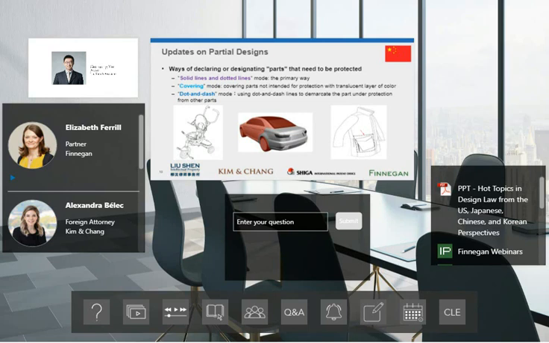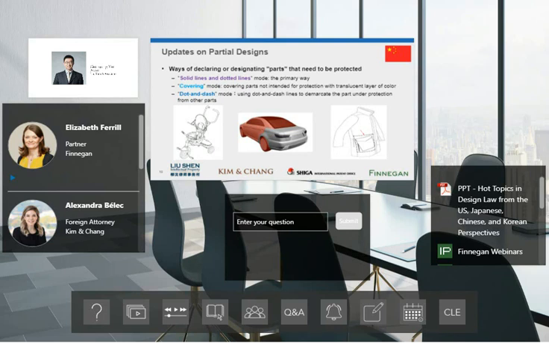And also a covering mode. You can see the solid lines and dotted lines on the left of the pictures. The covering mode is in the middle, where the covering parts are not intended for protection.